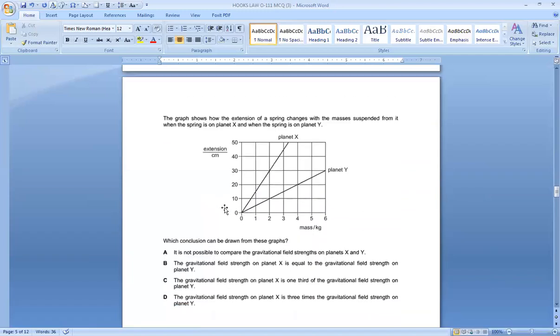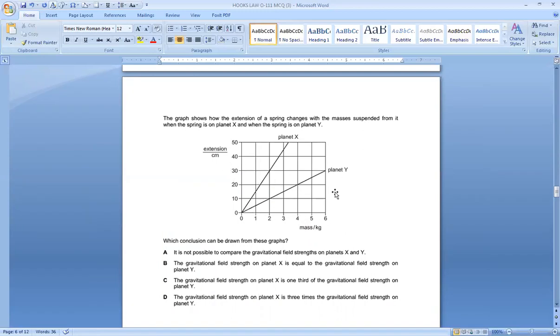Number 12. The graph shows how the extension of the spring changes with the masses suspended from it when the spring is on a planet X and when the spring is on a planet Y. As you can see from the graph, masses are given along the x-axis, extension along the y-axis. On planet X, the extension is very large for a small change in mass. On planet Y, the extension is small.